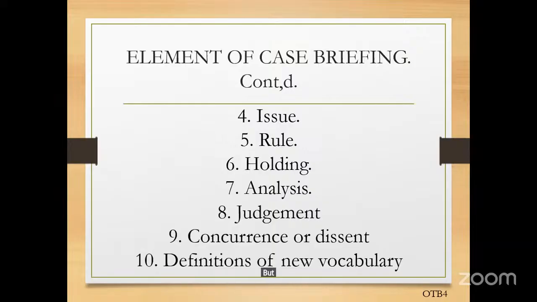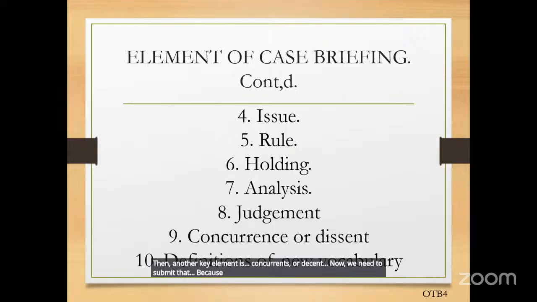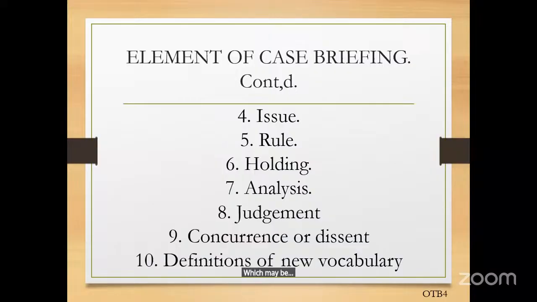But the good thing about it is that you'll see reasons for the judgment, as in the ratio decidendi, as the case may be. Then another key element is concurring or dissenting judgment. Now, we need to submit that appeals are heard by a panel of judges, which may be 3 to 7, depending on the case or the subject matter.